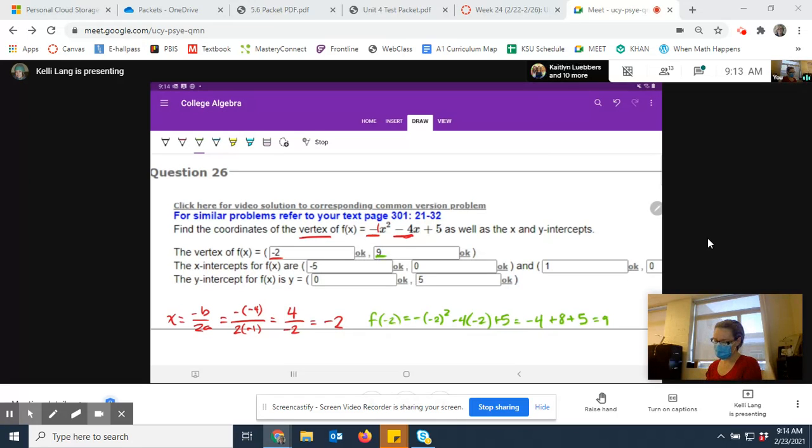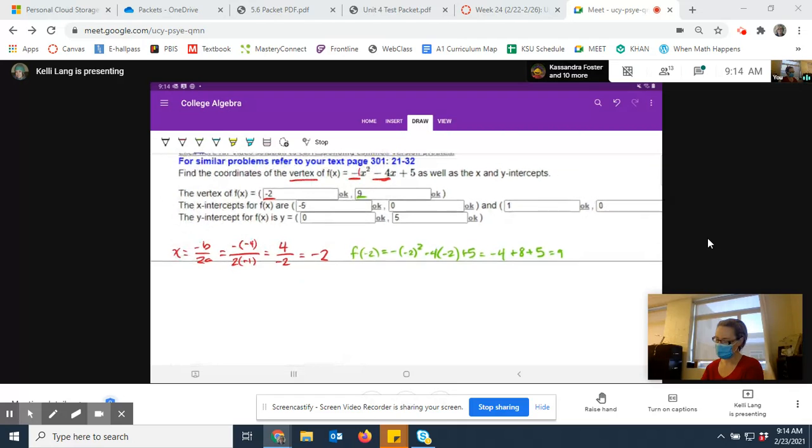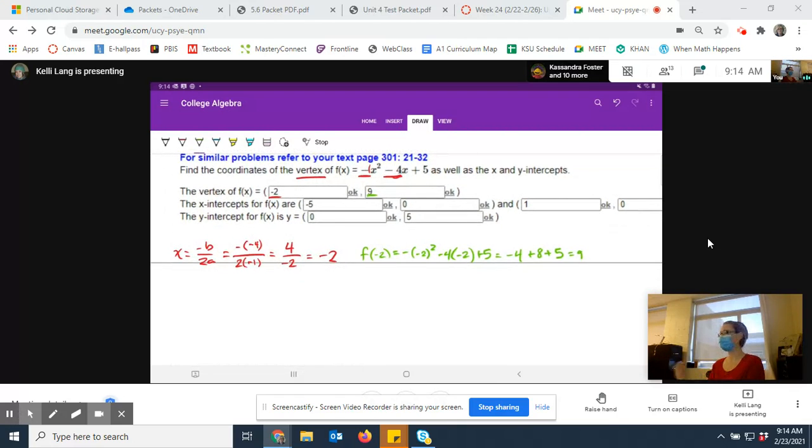They also want us to find the x-intercepts and the y-intercepts. So that might require you to remember back to something that we've learned probably in the past before I was here stepping in. So the way I've always found x-intercepts, those are the zeros of your function. So think about a parabola that goes through these points.